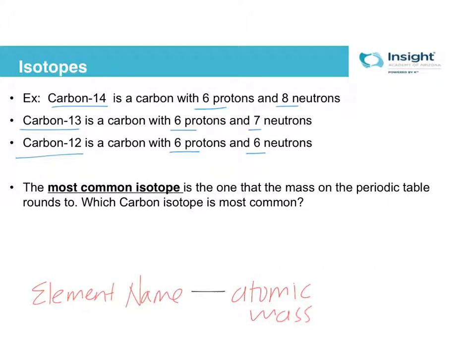All right, that rounded value, that is the most common isotope. All right, so if you round 12.011, what's the most common isotope of carbon? All right, so 12.011 rounds to 12. All right, so carbon-12 is your most common isotope. Carbon-12. All right, so if you ever see somebody not write carbon-12, just write carbon, then they're just talking about that most common isotope, the rounded mass value on the periodic table.